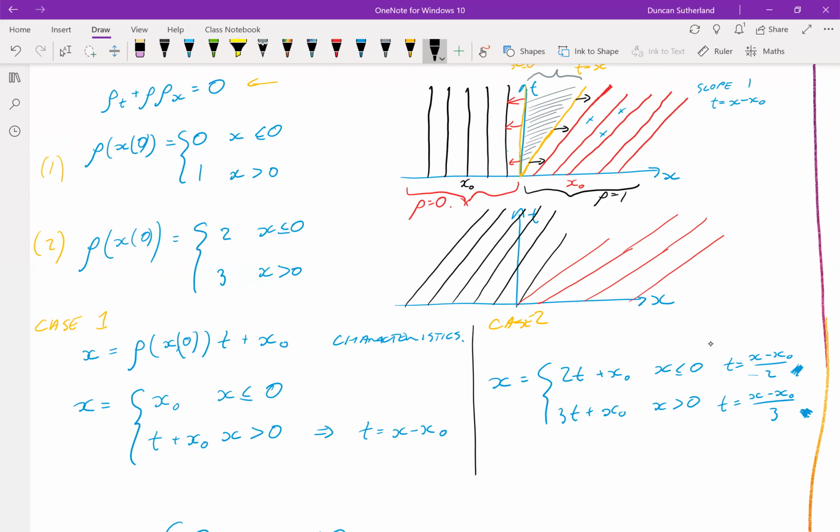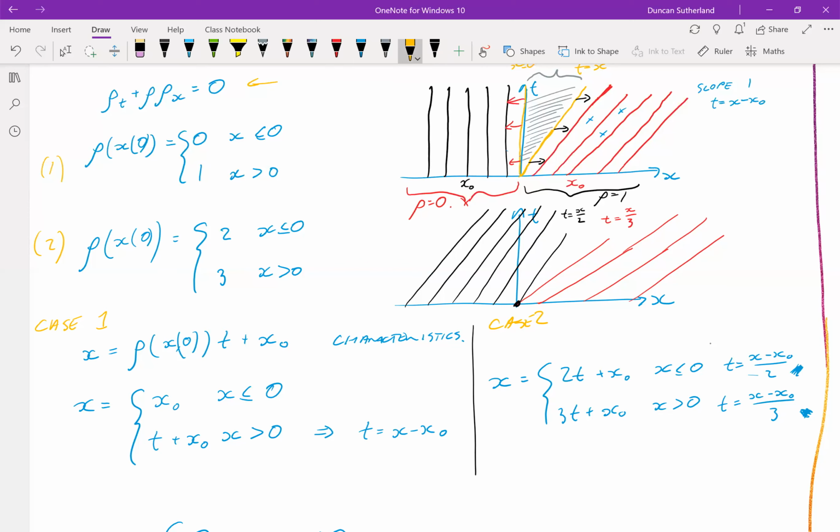So the black one here is t equals x on 3, because x naught is 0. And we've got this line here. Oops, I'm sorry. That's x naught on 2, right? Because we pretend that it's just to the left of the origin. Just to the right of the origin, we've got x on 3, right?